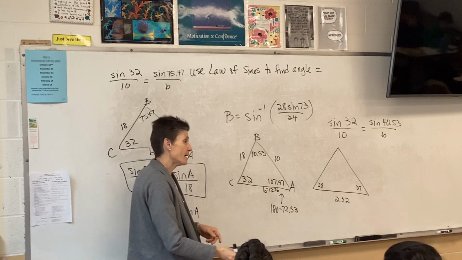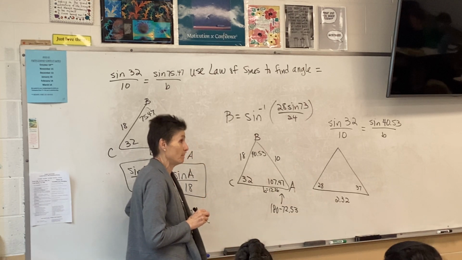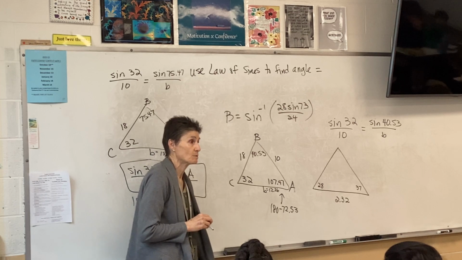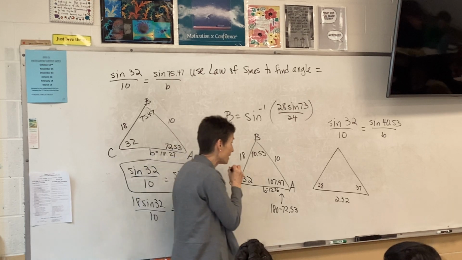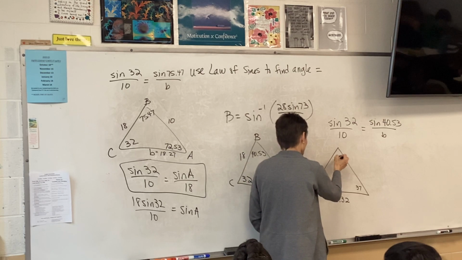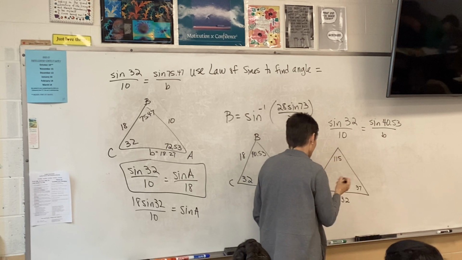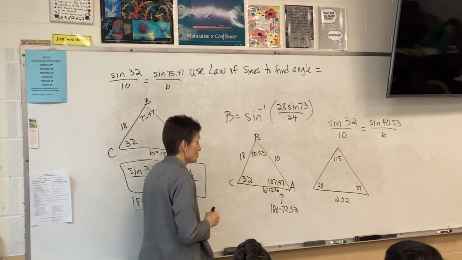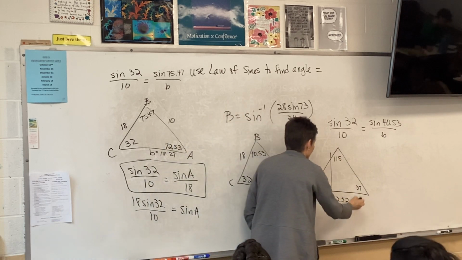Is this a law of sines problem? Can I do the law of sines on this problem? Yeah. I can, because how big is this angle? 115. Is it 115, is that right? Yes. Okay. So right there's your pair.